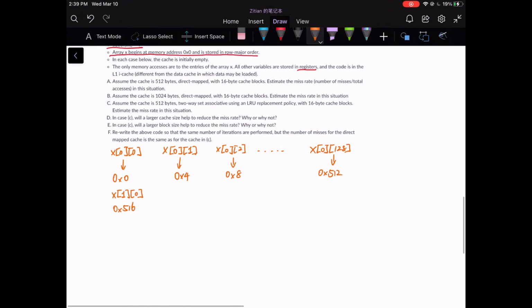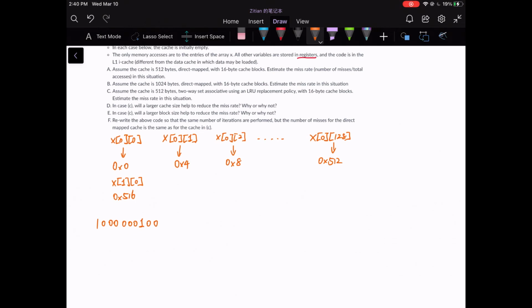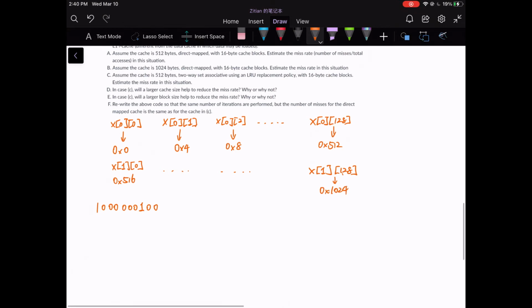That's 1 0 0 0 0 0 0 1 0 0, and then from here all the way to X1 128, that is 0x1024.